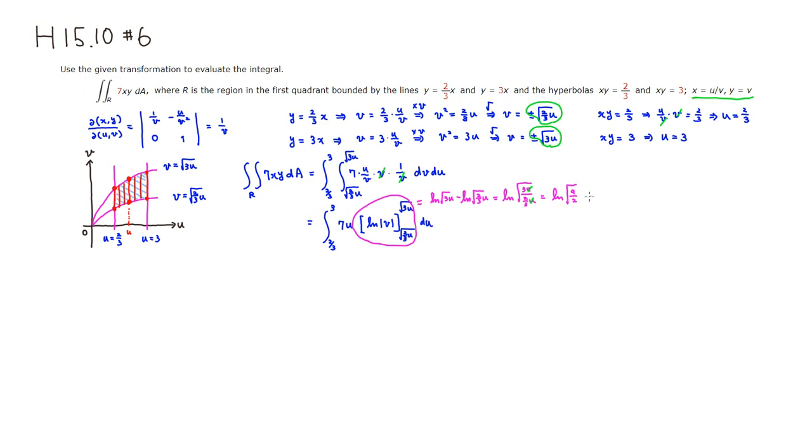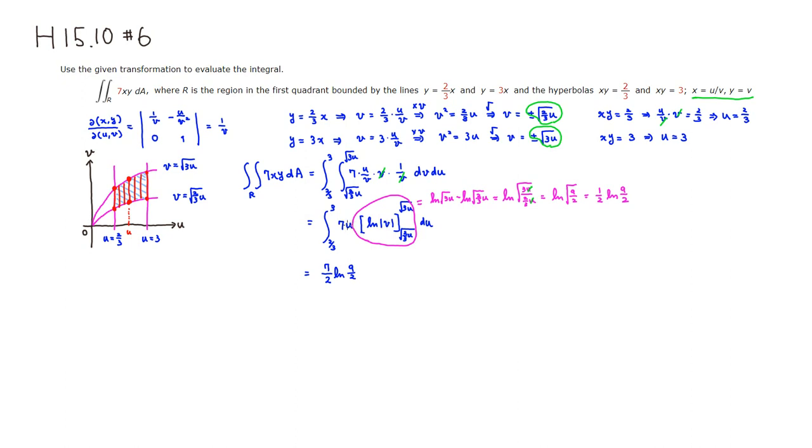We can pull the 1/2 outside, because a square root is a 1/2 power, place it in front, and then you have natural log of 9 over 2. So we just get a number there. Combined with 7 and that number, we can pull that out. So you have 7 over 2 natural log of 9 over 2. So that's just a number.